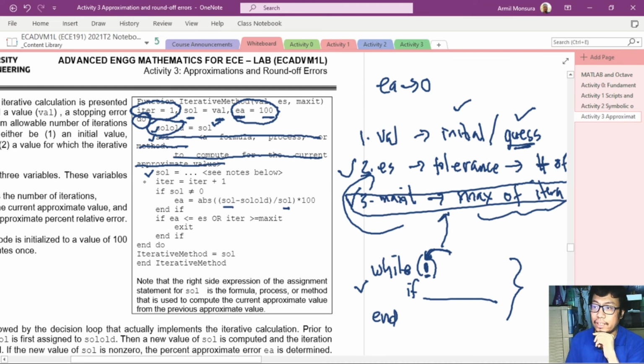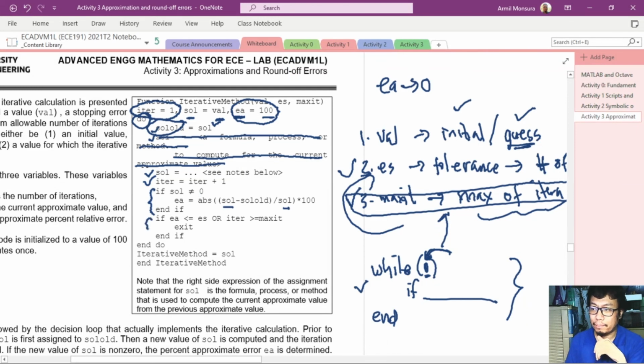Okay, and then update iter, the number of iterations. Okay, now this is where you compute your approximate error. You would compute an approximate error, given that the solution is not equal to 0, because if the solution becomes 0, then that complicates the math. Okay. So, may gagawin tayong iba kapag yung solution nyo becomes 0. Okay.